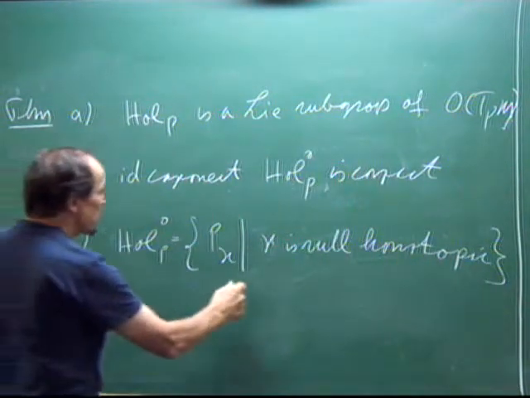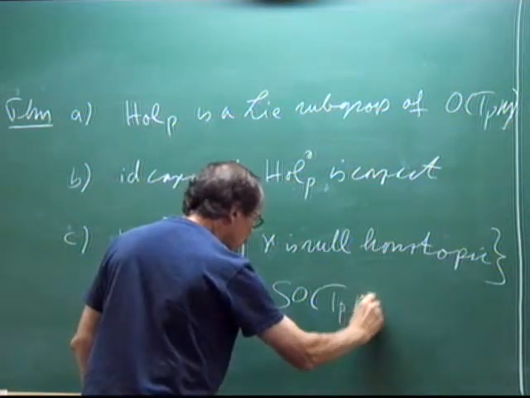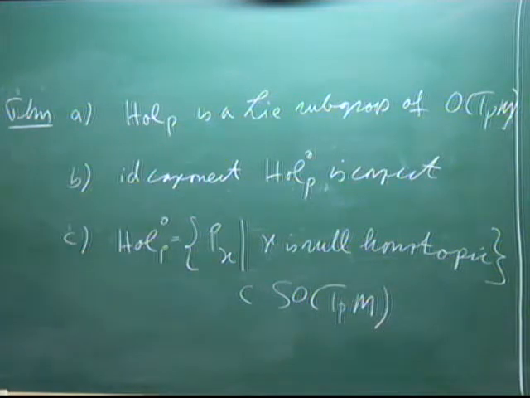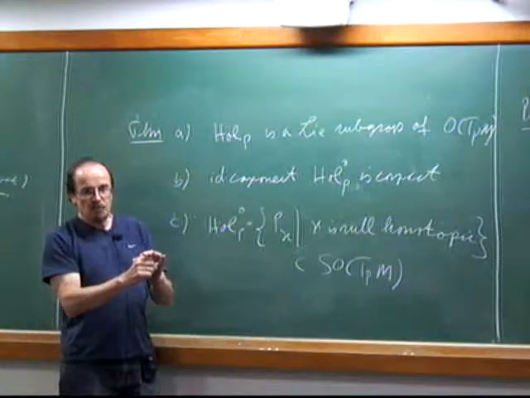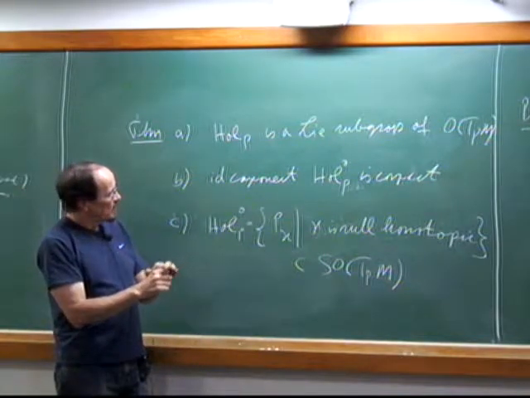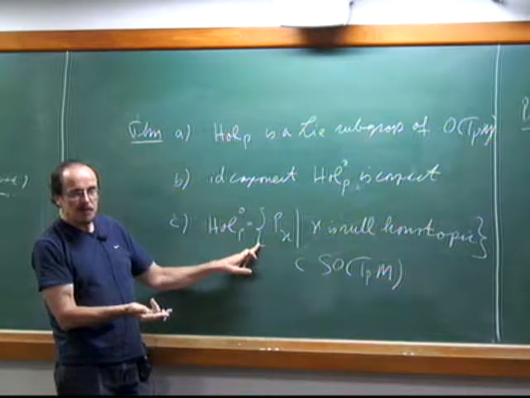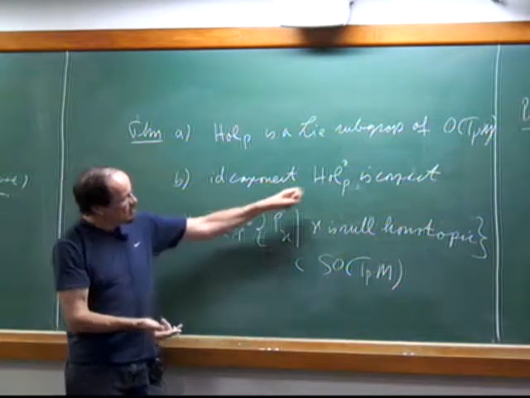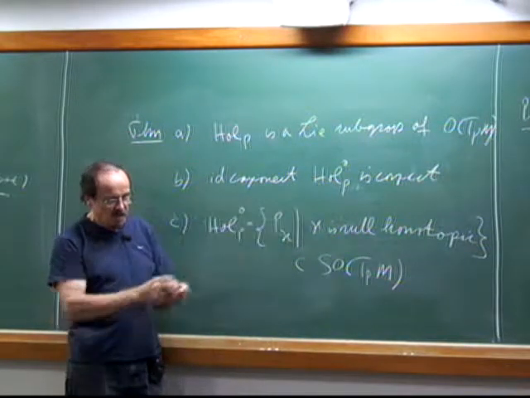And this then becomes a subgroup of the special orthogonal group of T_P M. But one direction is obvious. If I take a path that's null homotopic, I get a curve of parallel translations. So certainly this should be contained in the identity component of the full holonomy group. So the inclusion from here to here is clear. The converse isn't clear at all. Take a parallel translation.